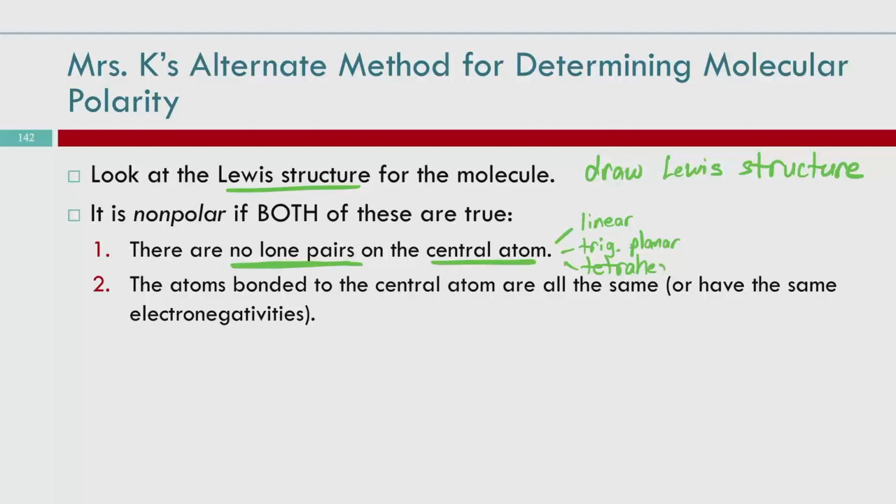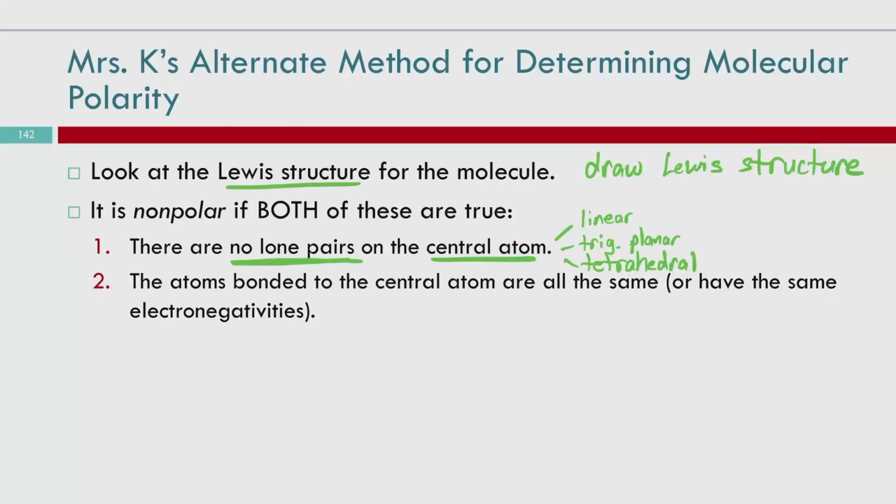Our molecular geometry will be one of those three shapes. Those are all perfectly spaced out. And the second check: the atoms bonded to the central atom are all the same or have the same electronegativities, so the same difference in electronegativity on all bonds. If both are true, nonpolar.